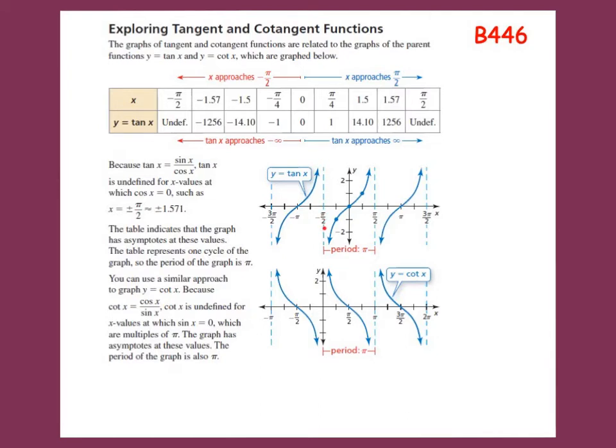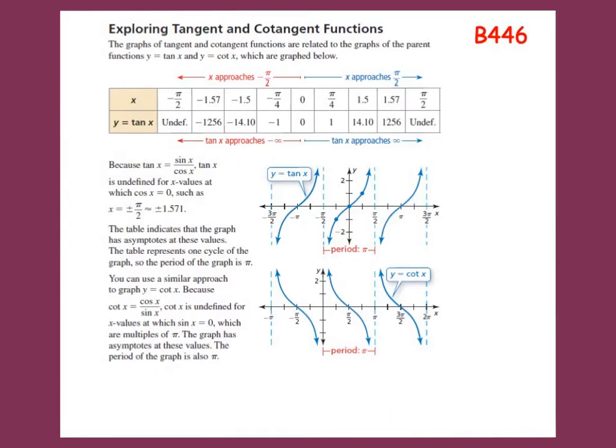You can see that at negative pi over 2 and at pi over 2, if you look at the unit circle, cosine x would be 0. That's the reason why the asymptotes appear there. Again, we are going to break the function into 4 parts: the quarter part, the half part, and the 3/4 part between our 2 asymptotes.